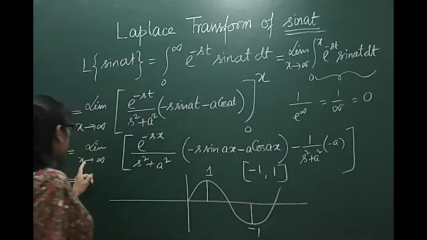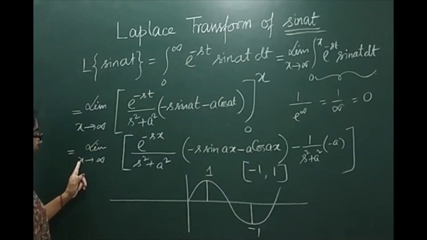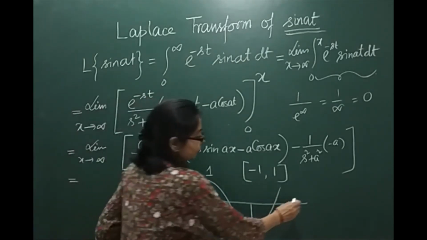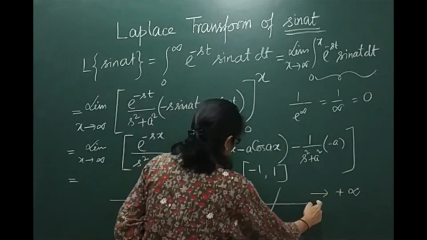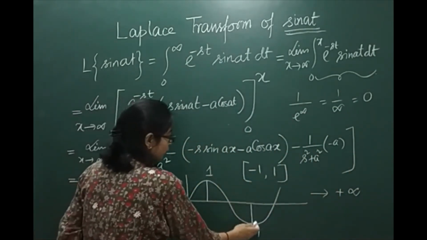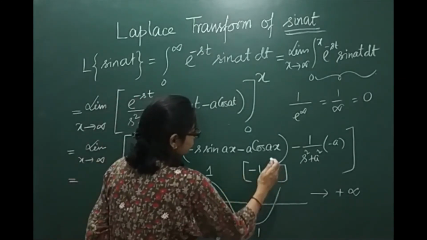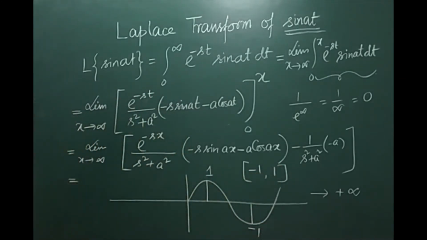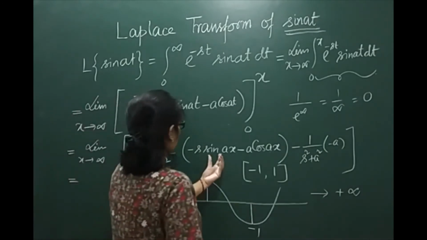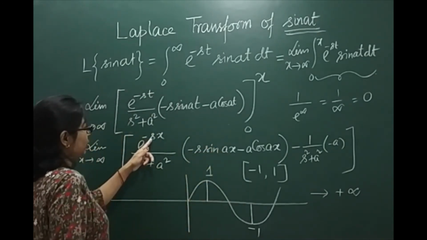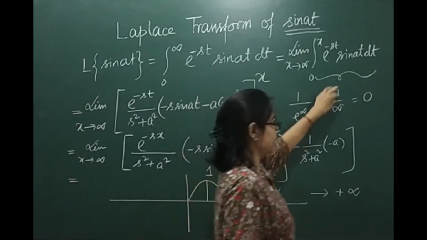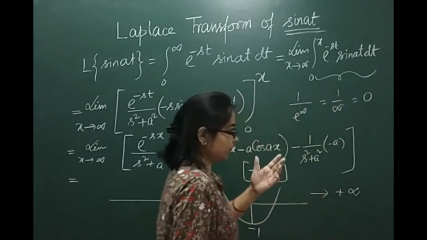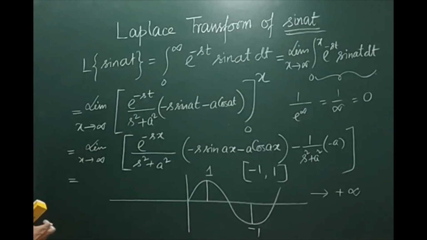So whatever value you take for x, if x tends to plus infinity, sin x or cos x always remains between minus 1 and 1 because they are bounded. Therefore, some finite value divided by e^infinity, some finite value divided by infinity, is obviously 0.